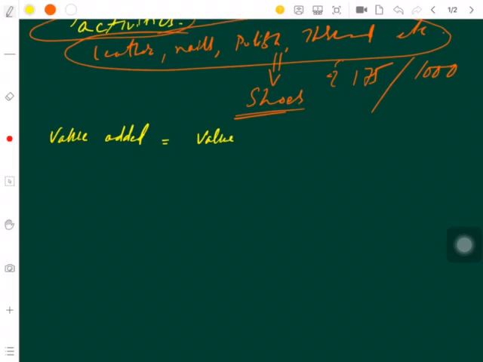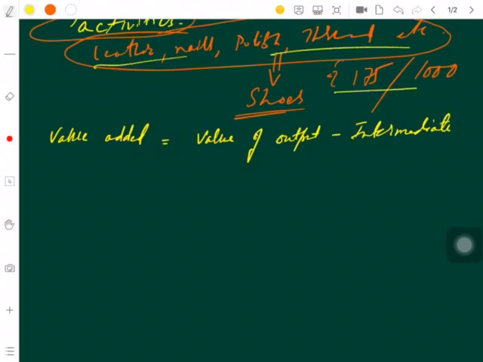Now you all know what is value of output. Total value of output minus intermediate consumption. What is intermediate consumption? This is all intermediate consumption: raw materials, etc.